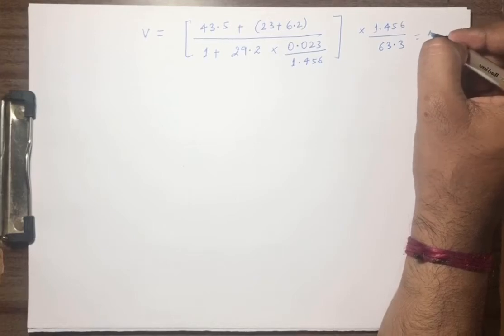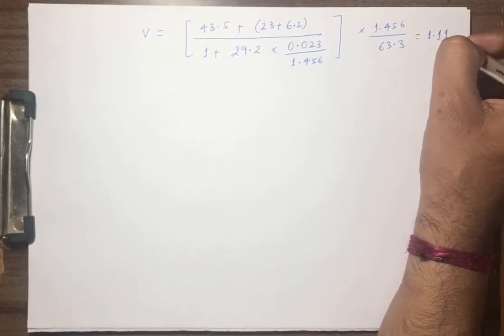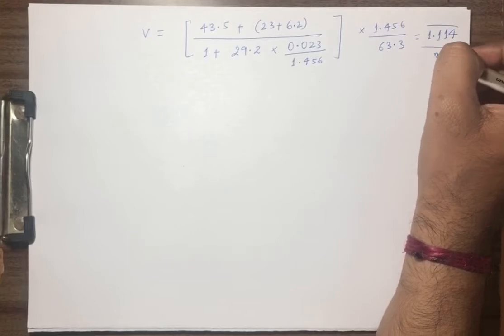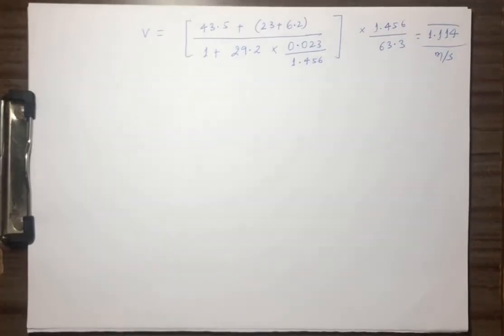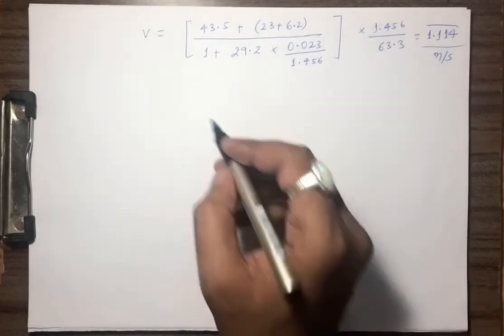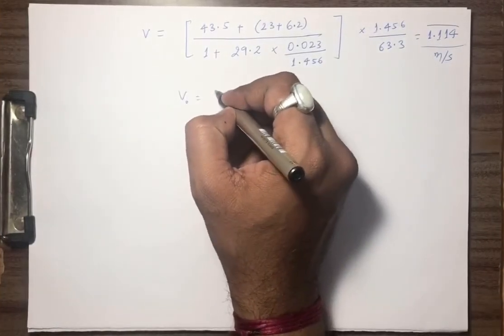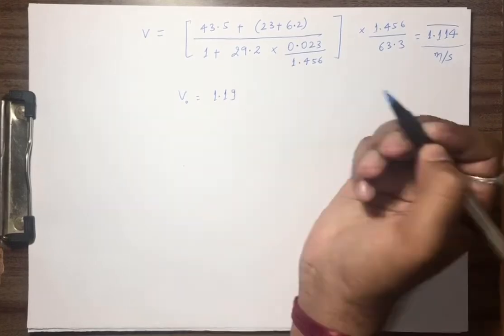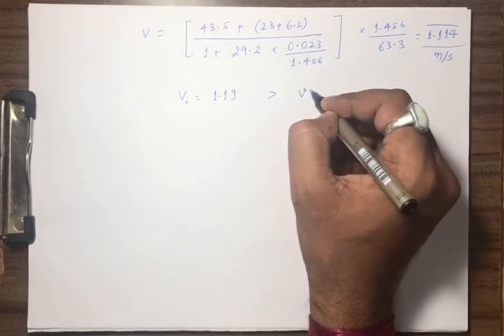So it is coming out to be 1.114 meter per second, but the velocity actually is 1.19. So v naught is 1.19. It is greater than v.